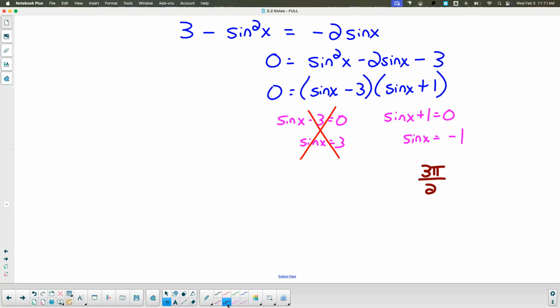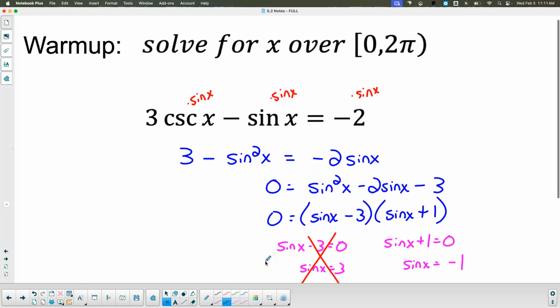Now, I will scroll back up and I will say something out loud so that all can hear. If we are solving over this interval right here, here is the interval that we are solving over. Can 2 pi be an answer?